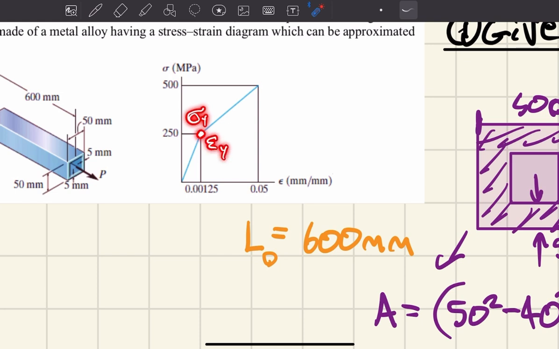So what's so special about this elastic region? Well, let's say, for example, I apply a force and it causes a stress that is within the elastic region, right? And let's say this stress is 200 megapascals.